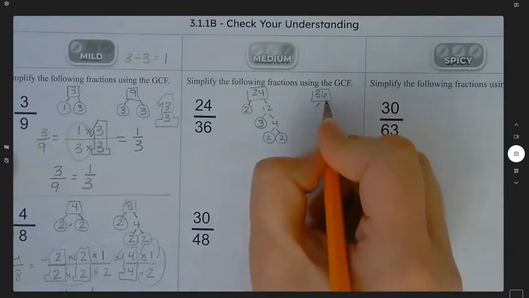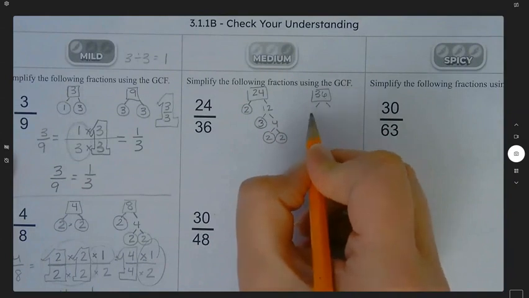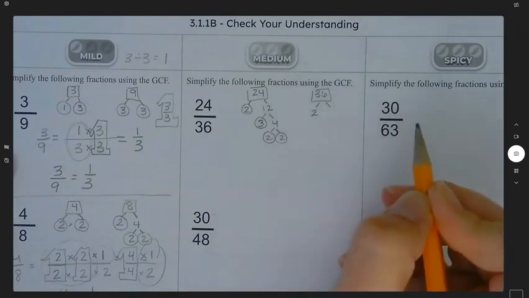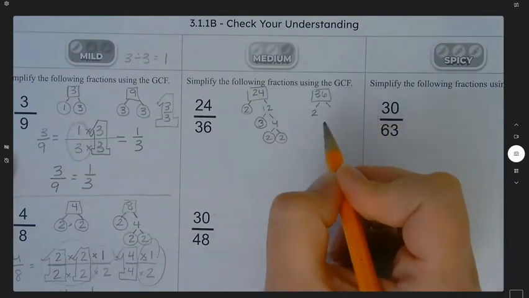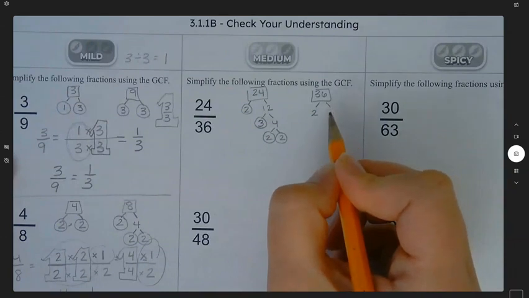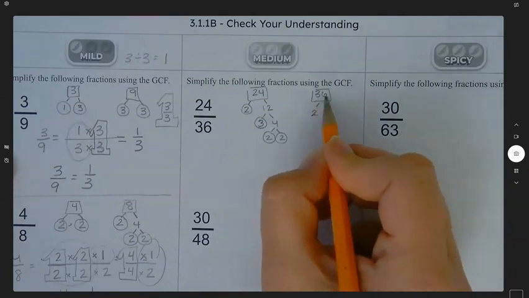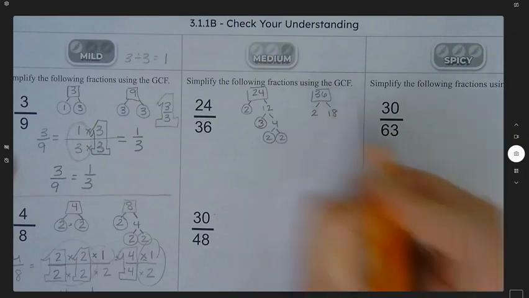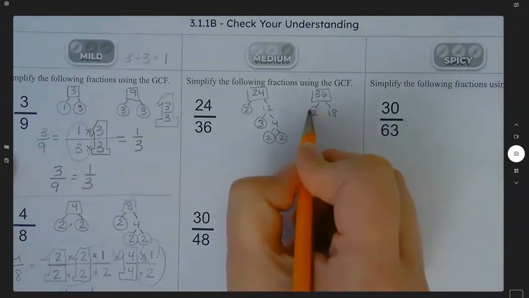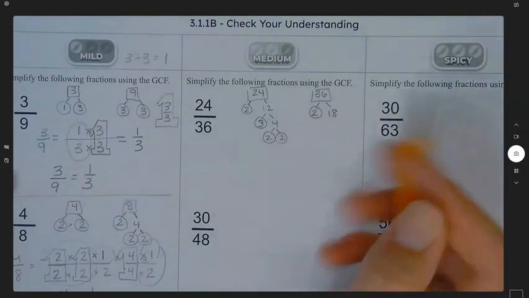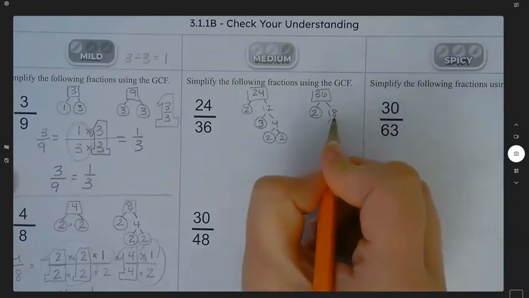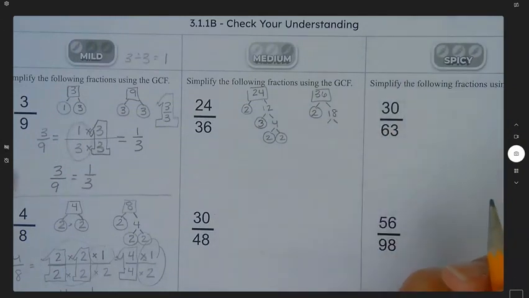Moving on to 36. It's an even number, so I like to start with 2. And 2 times 18 is equal to 36. 2 is a prime factor, so I'm going to circle that. Then I'll move on to 18.